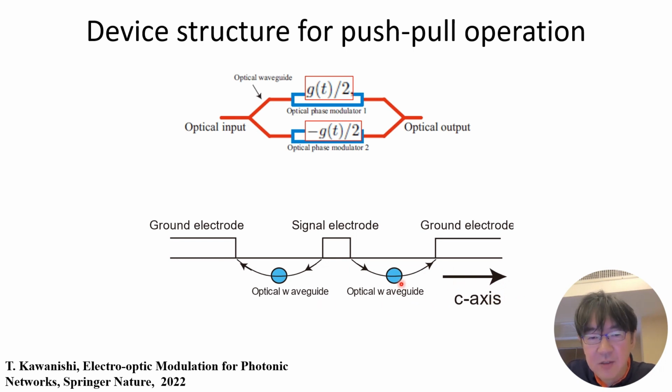By using this, we can get the plus phase shift here because the electric field is along the C-axis. And here, the electric field is along the Z-axis, but the direction is flipped. So we can get the minus phase shift, and so we can get the push-pull operation.